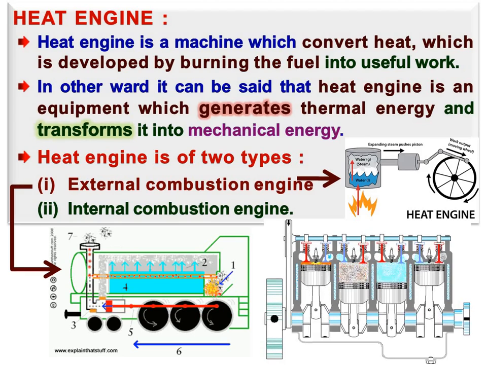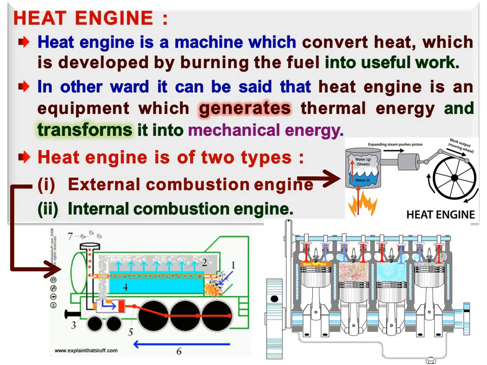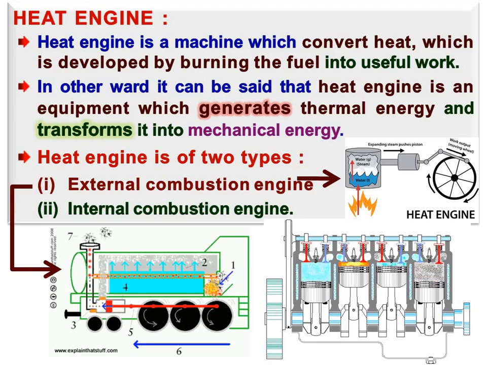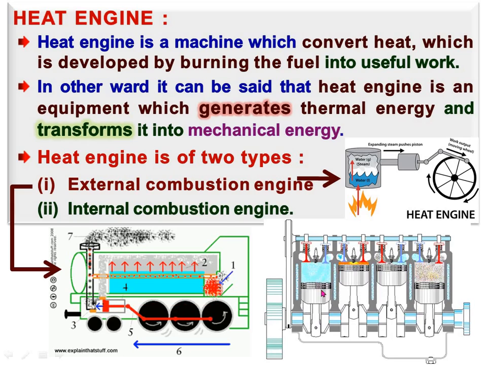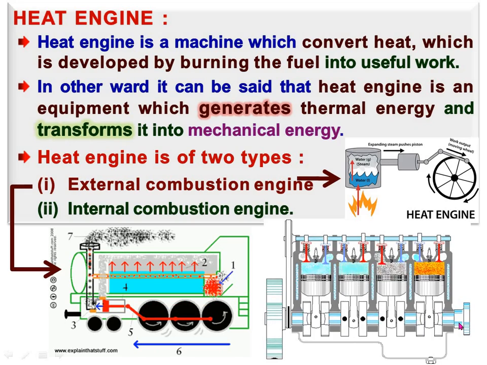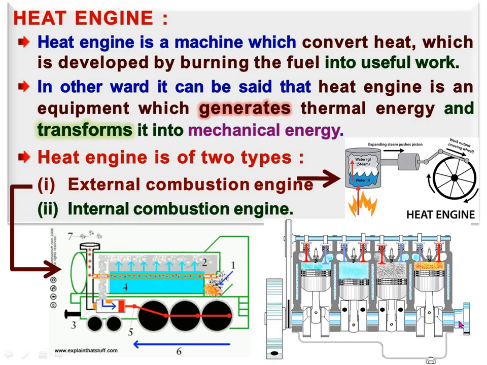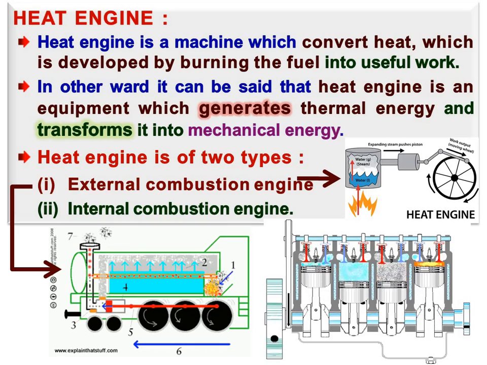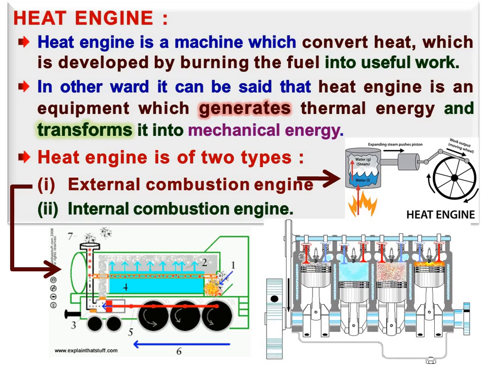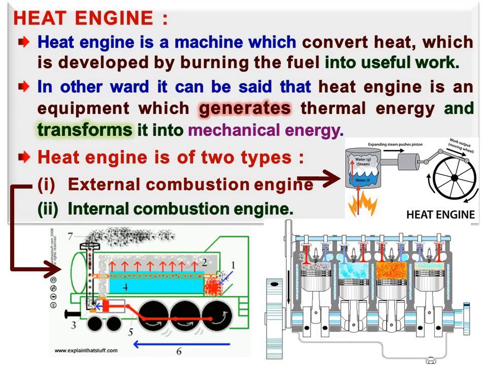This thermal energy is transformed into mechanical energy by the reciprocating motion of the piston, and this reciprocating motion of the piston is then transmitted through the connecting rod to the crankshaft, and the rotary motion of the crankshaft is then utilized for further useful work.